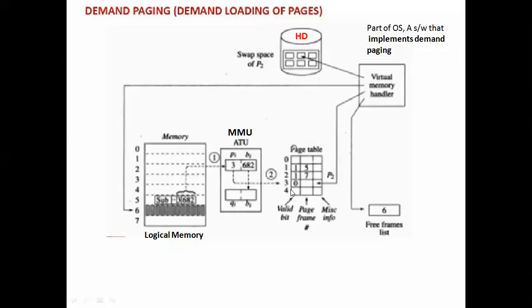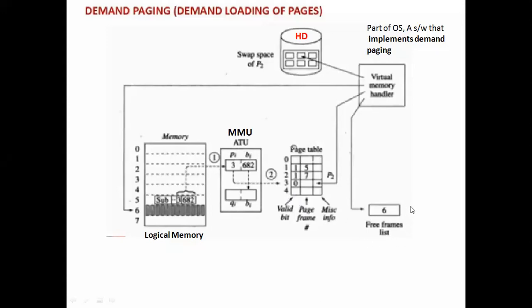So we have an indication of the availability of the page in the main memory, and the second field is the page frame, and the third field is miscellaneous information. So this page table as a whole gives us information regarding the presence of the page in the memory, as well as which frame that particular page is present in, etc.